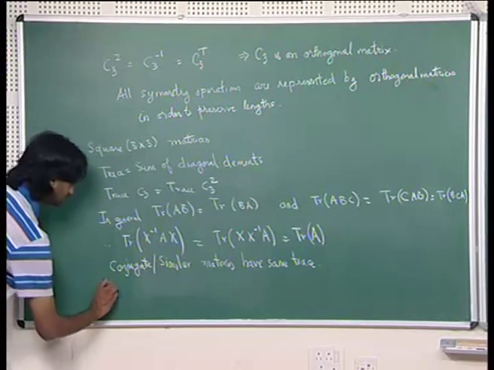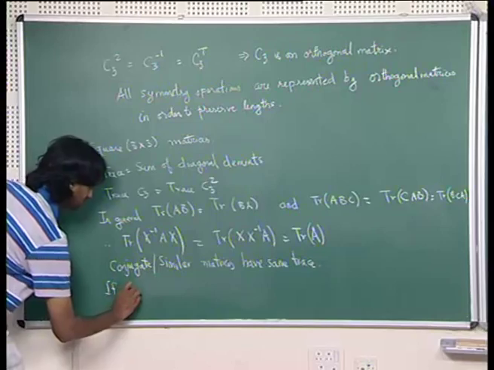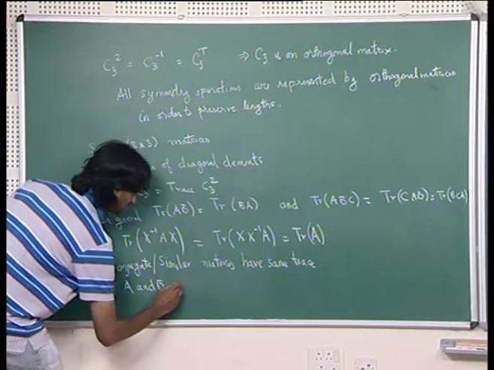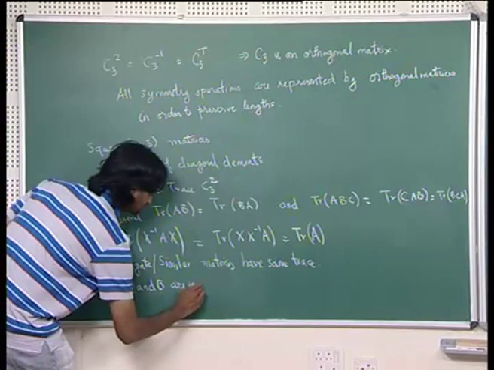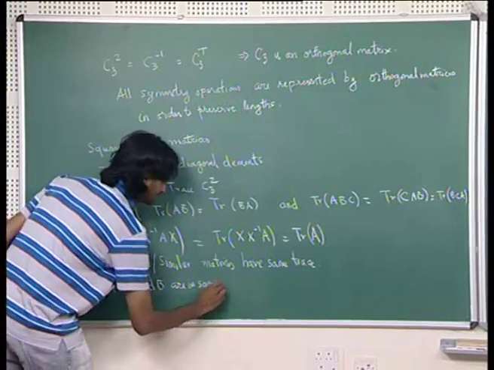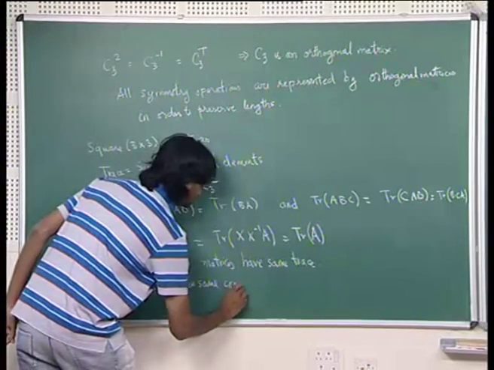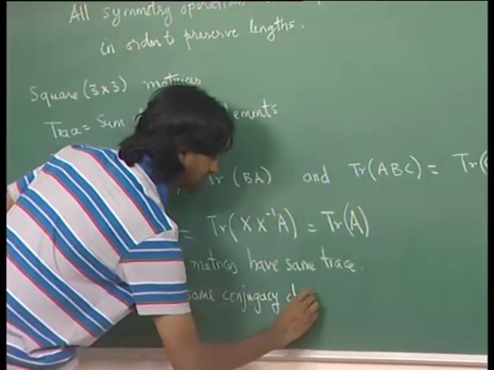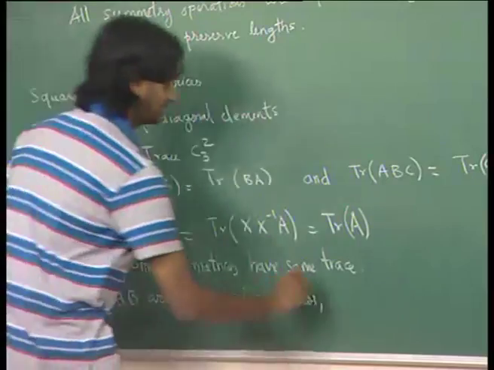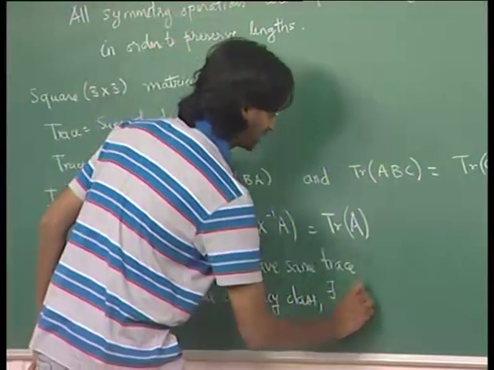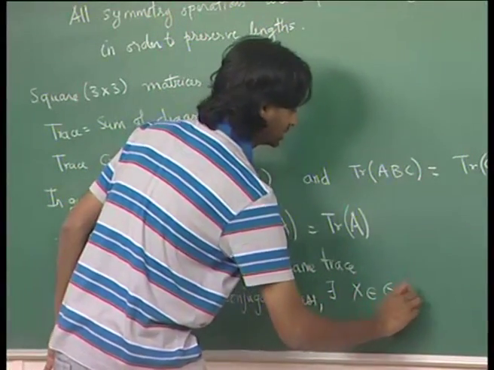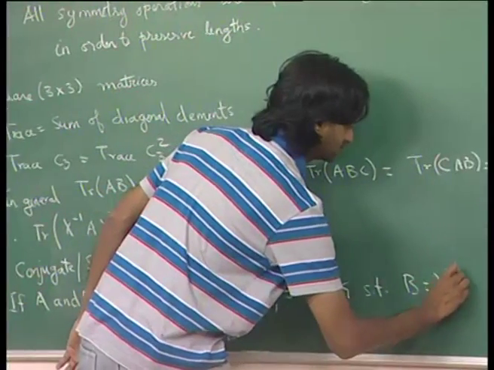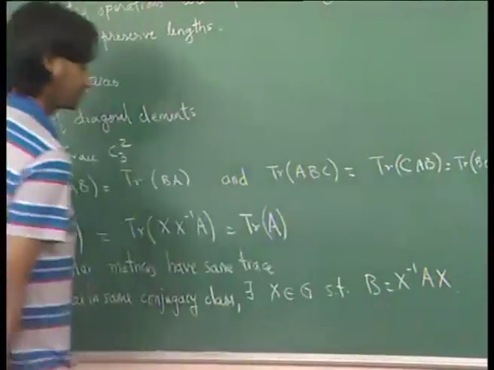So, if A and B are in the same conjugacy class, okay, then there exists x belonging to group G such that B is equal to x inverse A x.